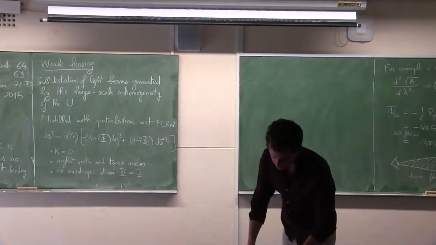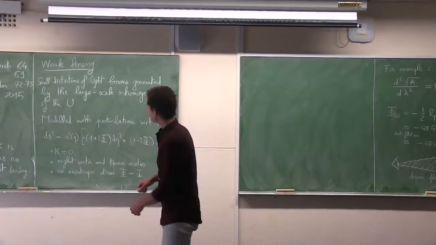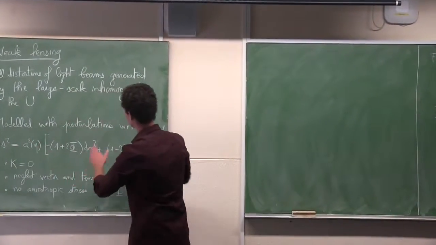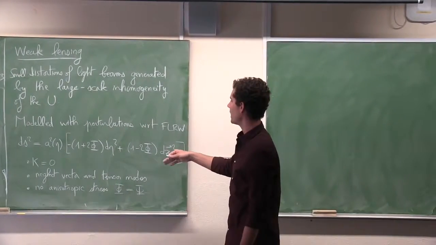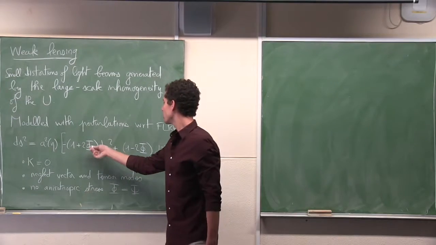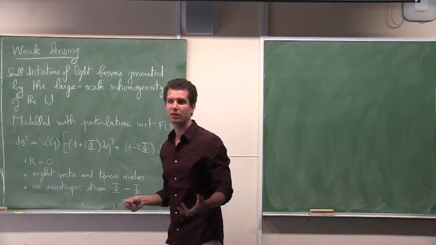So when now you're studying light propagation through this metric, using the same trick, you eliminate the A and you just look at what would be the perturbation of light rays and light beams in a weakly perturbed Minkowski metric.